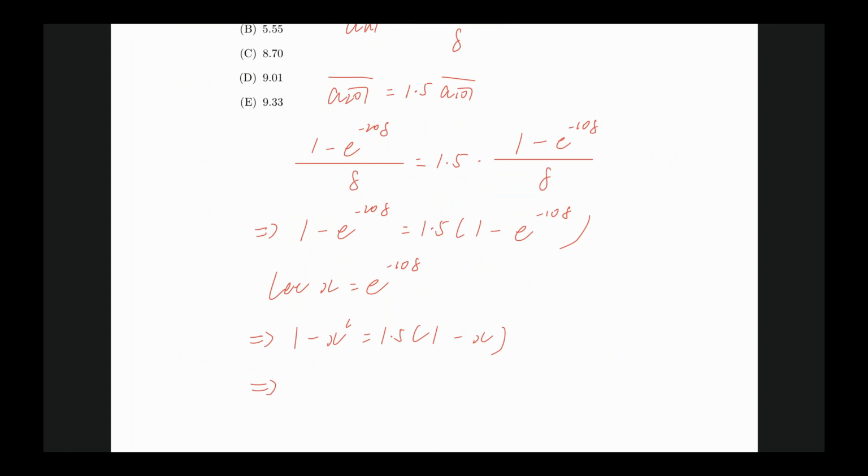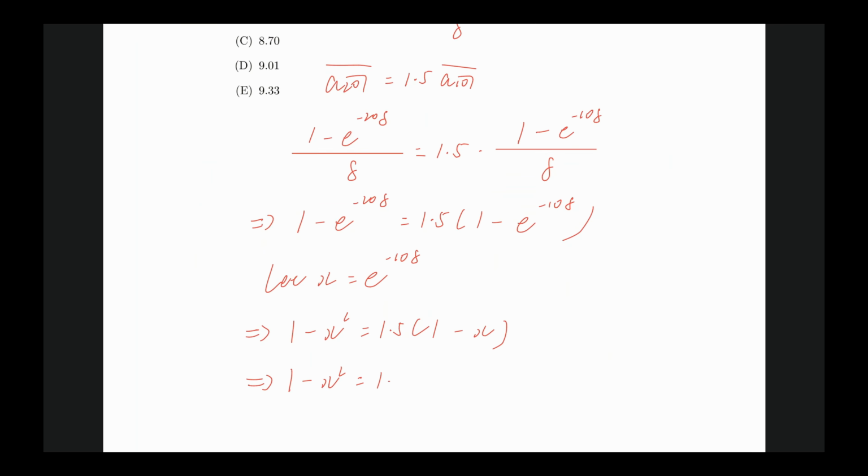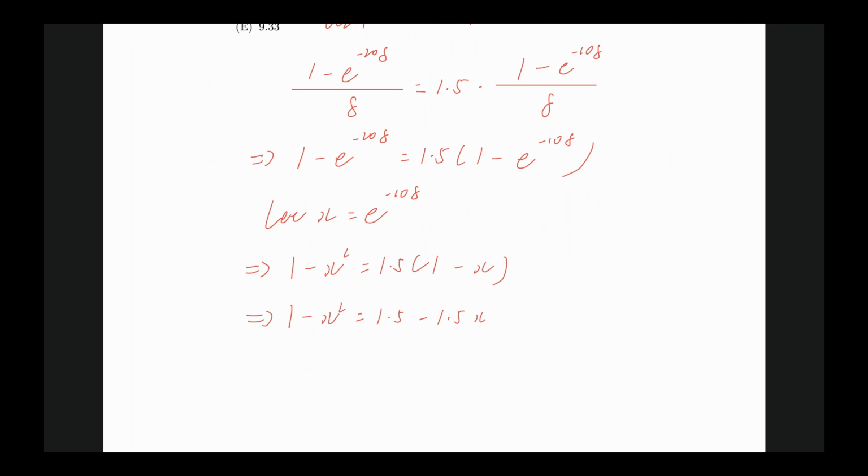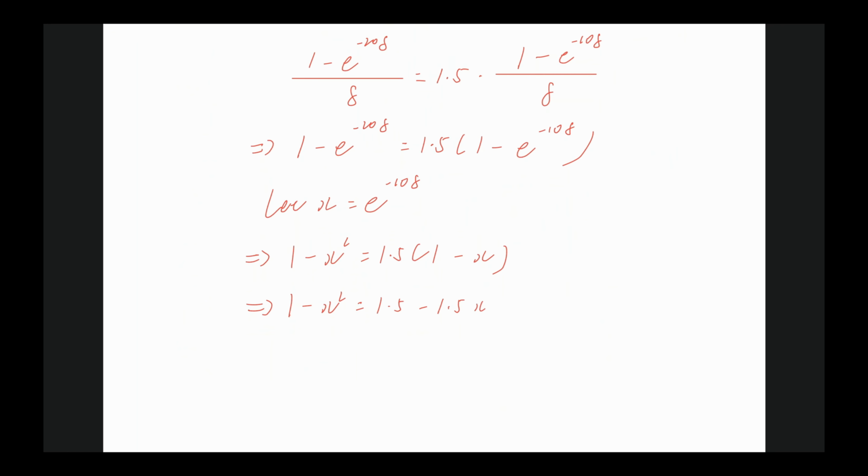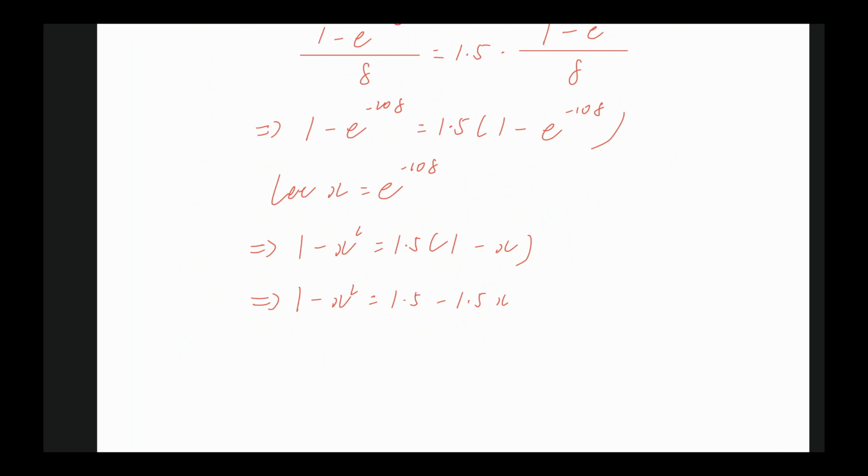So what do I have? 1 minus x squared equals 1.5 minus 1.5x. Basically I can rearrange to x squared minus 1.5x plus 0.5 equals 0.